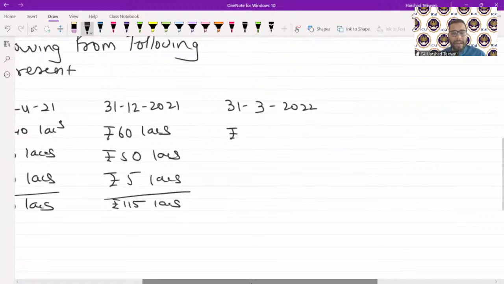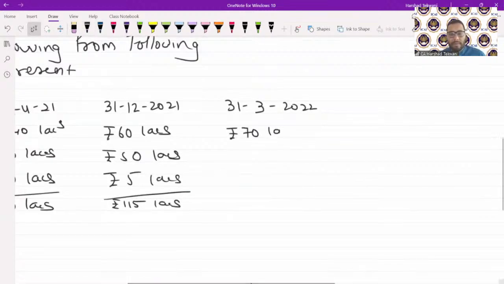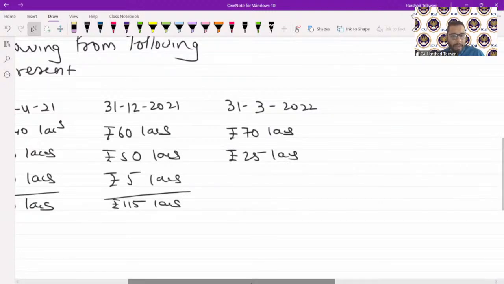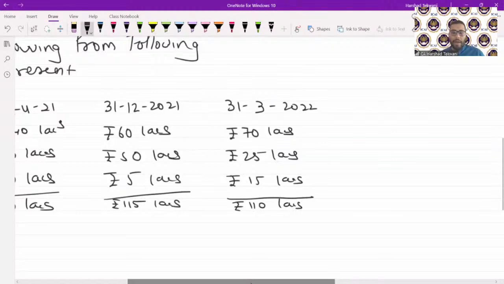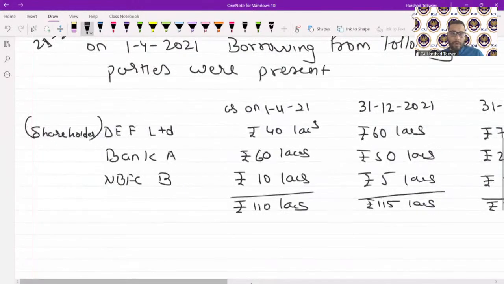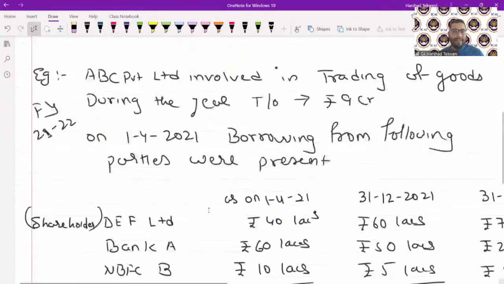Borrowing from DEF Limited increased to 70 lakhs. Borrowing from banks has decreased to 25 lakhs. And borrowings from NBFC has again increased to 15 lakhs. My total goes to rupees 110 lakhs.